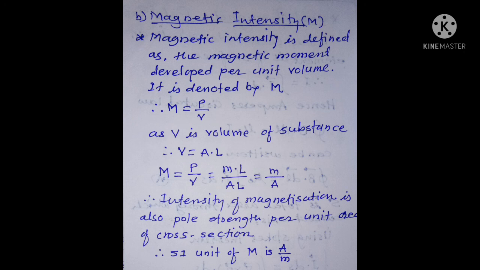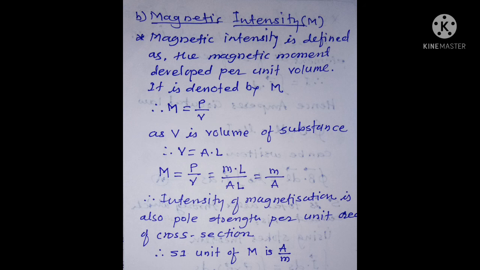Magnetic intensity is nothing but the magnetic moment developed per unit volume, and therefore we can say that magnetic intensity M is equal to P divided by V. On simplifying we get M is equal to small m divided by A. Therefore we can also define the magnetic intensity or intensity of magnetization as the pole strength developed per unit area of cross section of the substance.